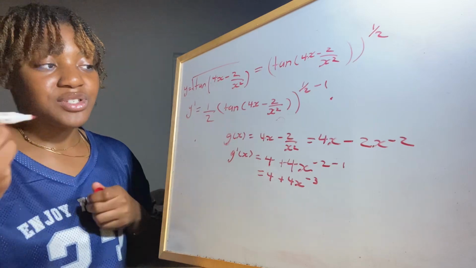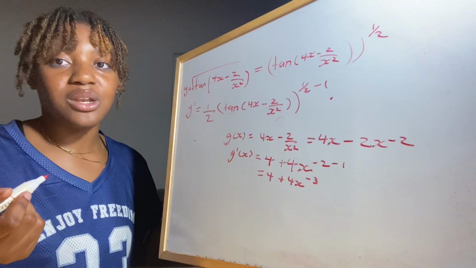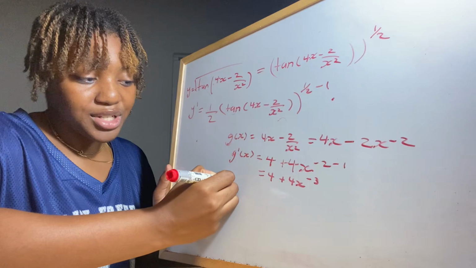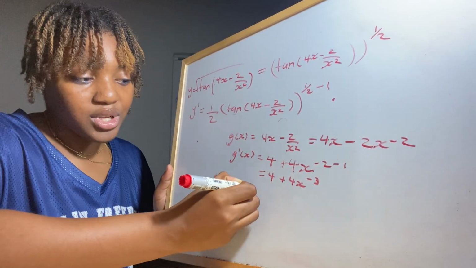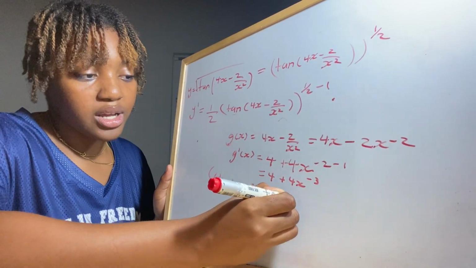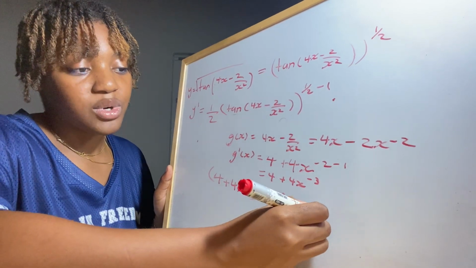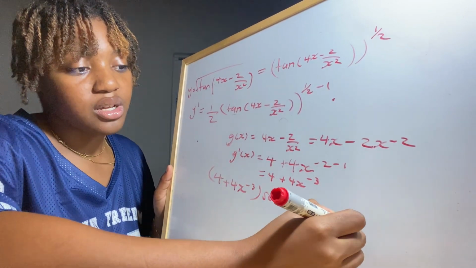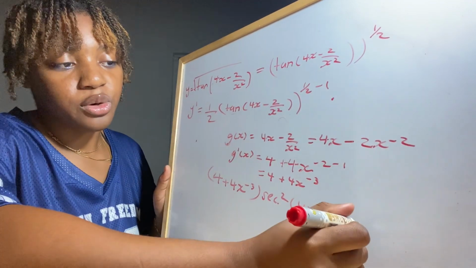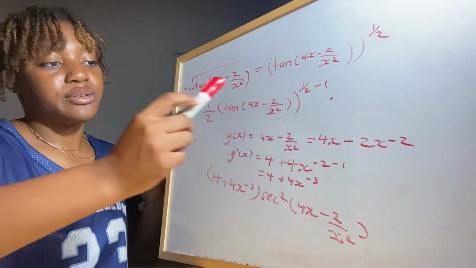Next thing we have to know is what tan differentiated is. We know that tan differentiated is sec squared. So we have (4 + 4x^-3) sec^2, and then we have the same function that's in the brackets, because that's the format we're following: 4x - 2/x^2. So this statement is being multiplied right here.